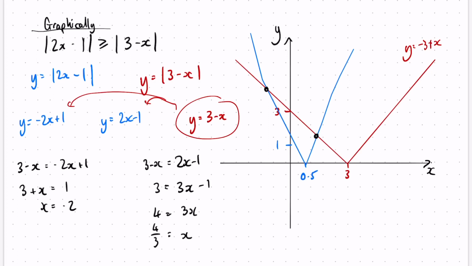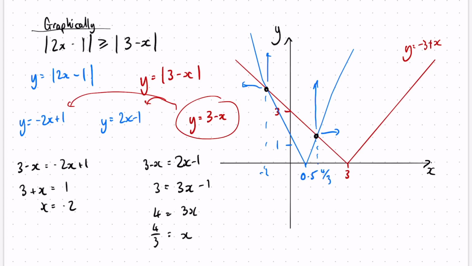Now I just need to consider, when is the graph 2x minus 1 greater than or equal to modulus 3 minus x? So that is when it's above the red line here. So when it's above that, which is when it's greater than 4 over 3, and when it is greater than minus 2.